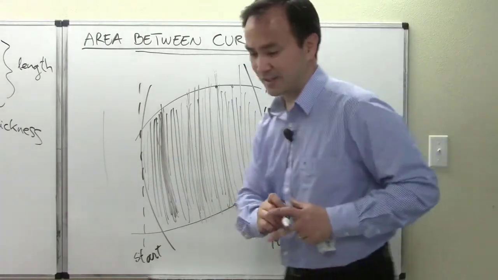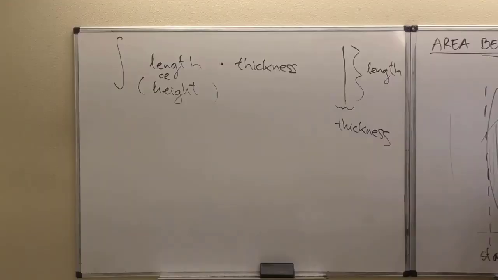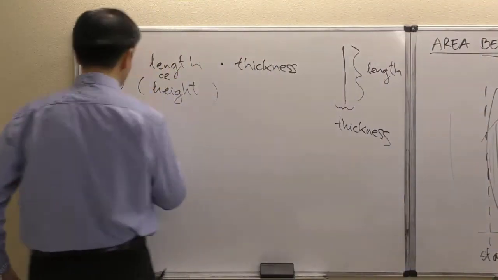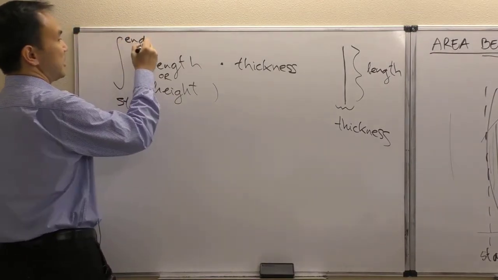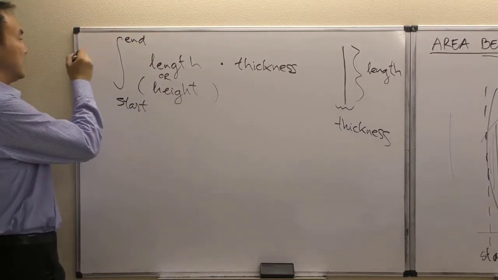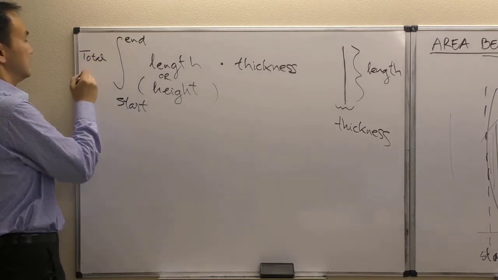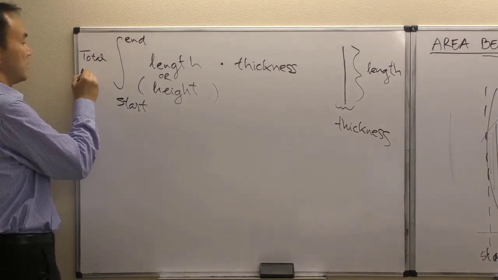Okay? And so in that way, now it's accumulation, and it happened from some start to an end like that. And this is giving us the total area.